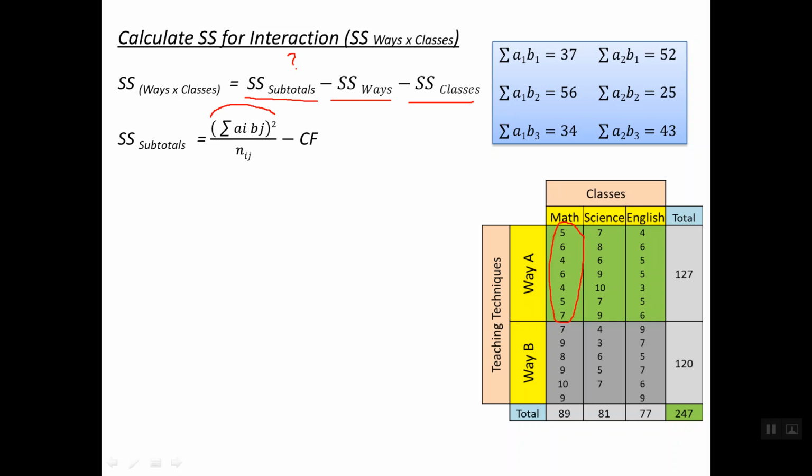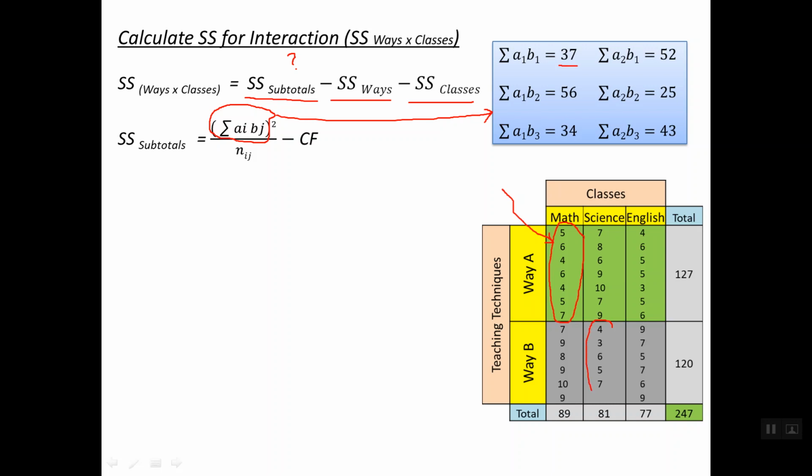Regarding the total here, it's already calculated inside this table. For example, for A1, B1, which represents the math class taught by using way A, the summation of all the scores is 37.